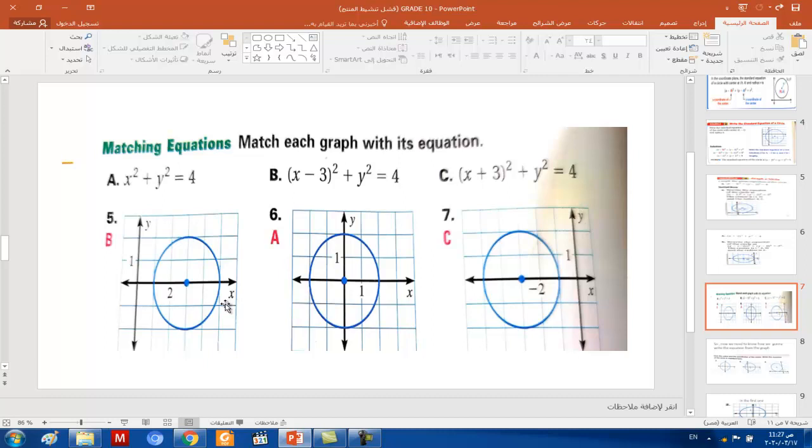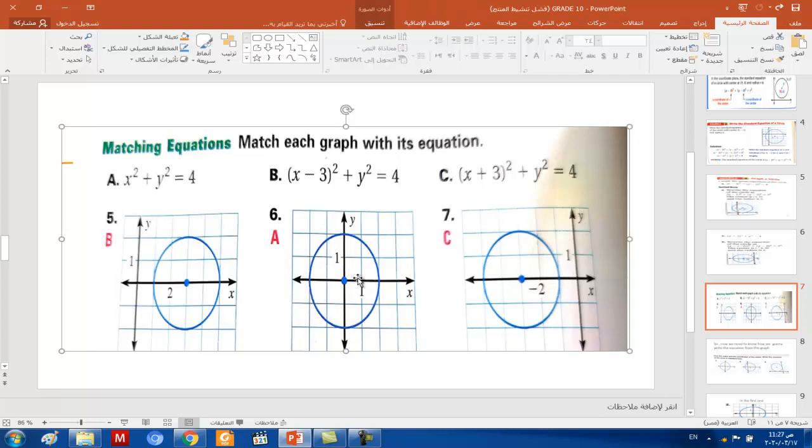So which one? Of course, number 6, because the center is 0 and 0 and the radius is 2. So for A, it is number 6.